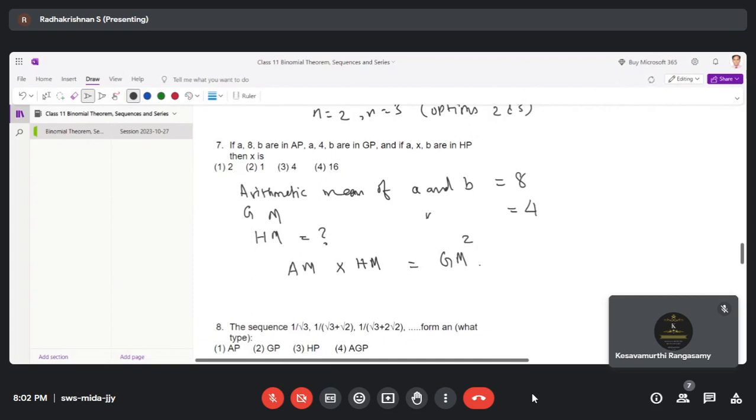That is why AM into HM will be equal to GM square. So you just substitute now. We know AM is equal to 8, into HM equal to GM square. So this gives us HM equal to 2. So you can also see that HM is the lowest. We saw AM will be greater than GM, which will be greater than HM, and these three are in geometric series. 2, 4 and 8 are in geometric series. So option number 1.